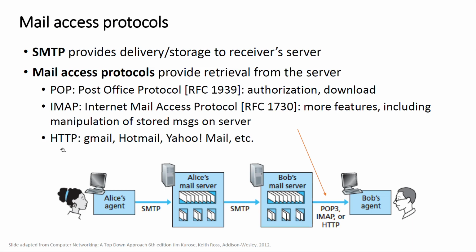And you can also do it with HTTP. Many service providers like Gmail and Hotmail allow you to check your email just by HTTP. So you just use your browser, which is more user-friendly for some people. A lot of people prefer this. Even if they have, for instance, an email address at the university, they forward it to their Gmail and just read it from there.